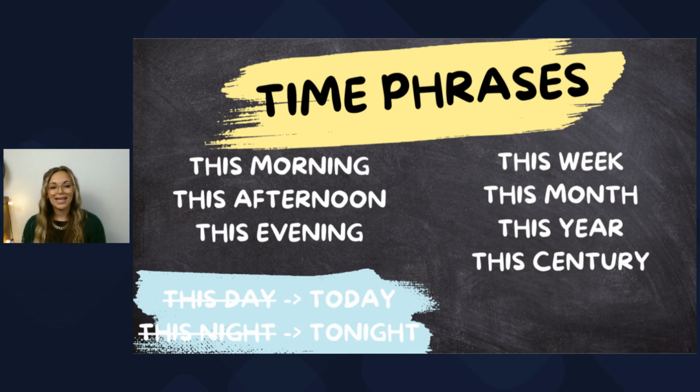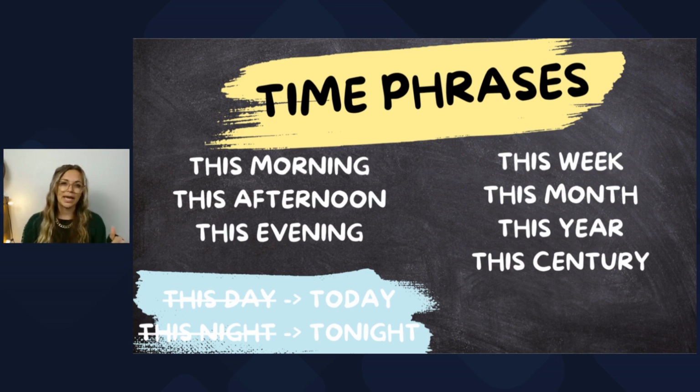This morning, this afternoon, this evening, or maybe this week, this month, this year, this century, which would be 100 years. Maybe not as common to talk about this century, but who knows? I don't know what your conversations are like. Anyway, an exception here, we don't say this day, we say today.